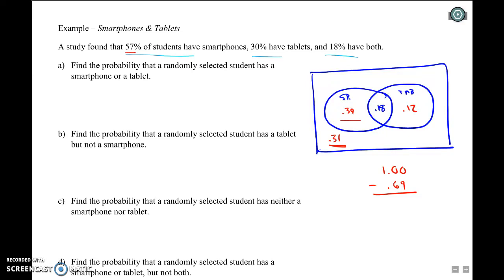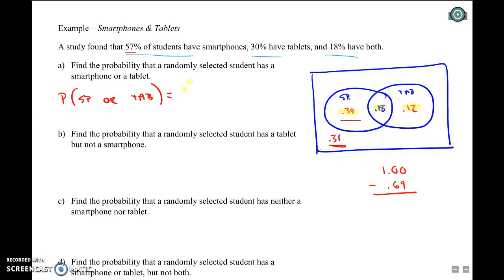So now let's go back to our original question. Find the probability that you have a smartphone or a tablet. Well, looking at this, I could just do it conceptually. I could just take this group plus this plus this. These three things together would add up to what I want.